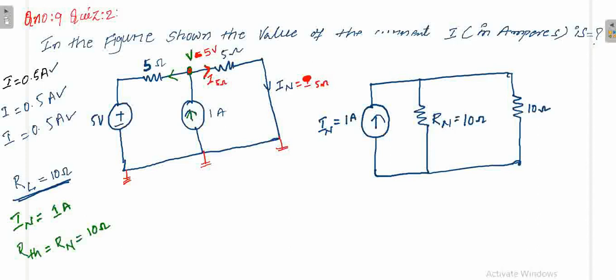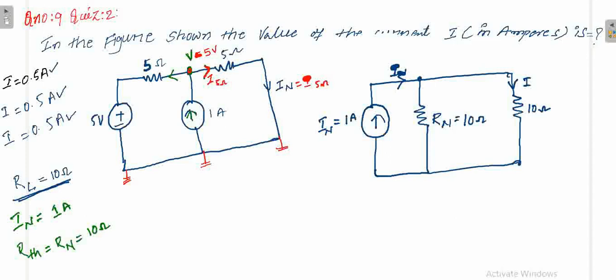Now find the current I. Here the entering current I is this I through 10 ohms. IN is the entering current to this node, and this 1 ampere current is divided into these two branches.